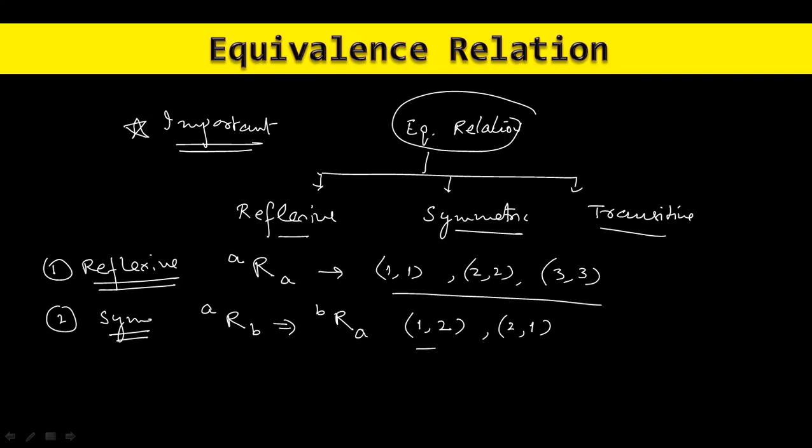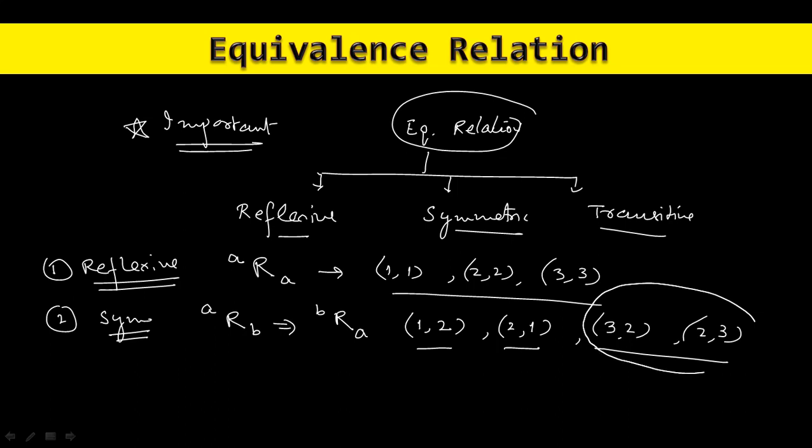If 1 2 is present and 2 1 is absent, then the relation is not symmetrical. Similarly, if 3 2 is there, then 2 3 should be present inside that relation. The combination of these values represent the symmetrical relation.